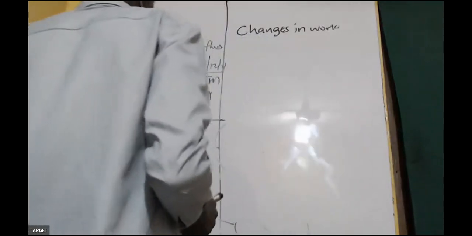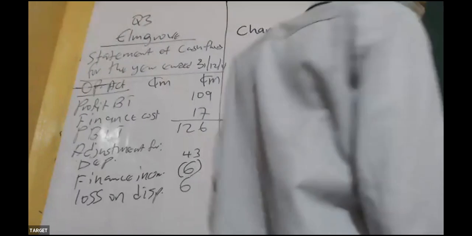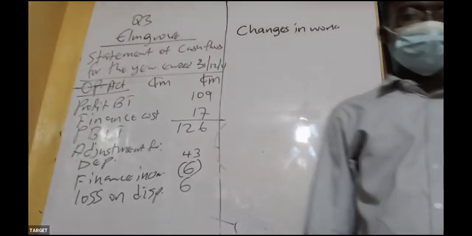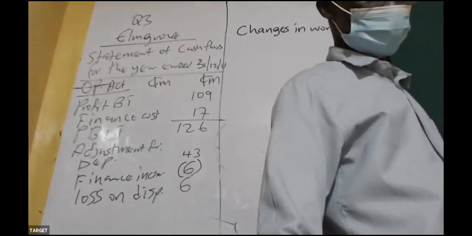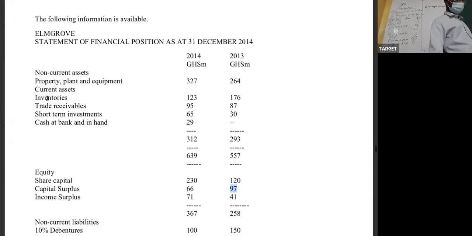Working capital. There are three working capital items: inventory, receivable, and payable. So check whether each has increased or decreased. Let's go to the financial position. Let's first check inventories. So inventory has decreased over the period.